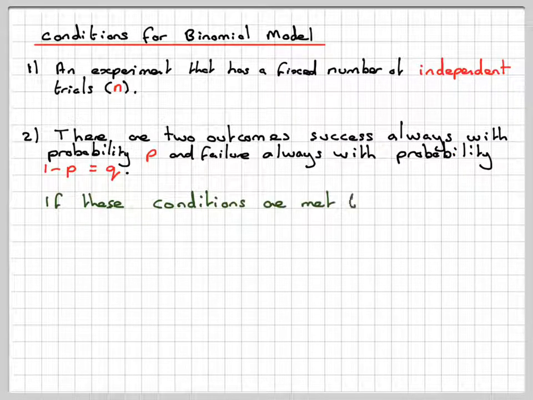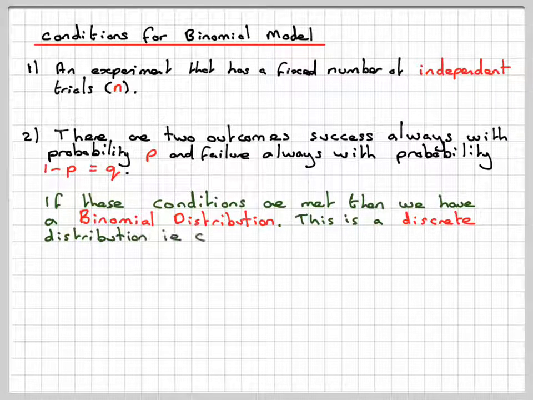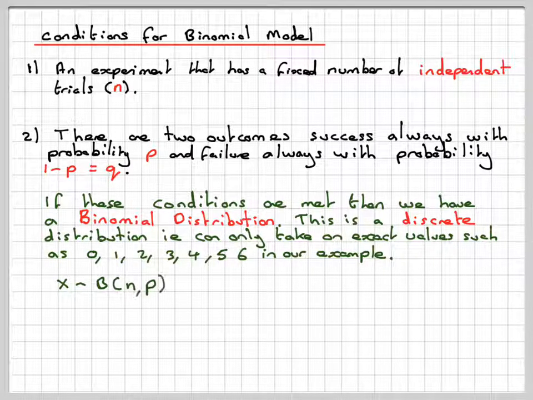If these conditions are met, then we have a binomial distribution. This is a discrete distribution and can only take on exact values. In our example, we had X equal to 0, 1, 2, 3, 4, 5 and 6. We say that X is binomially distributed.